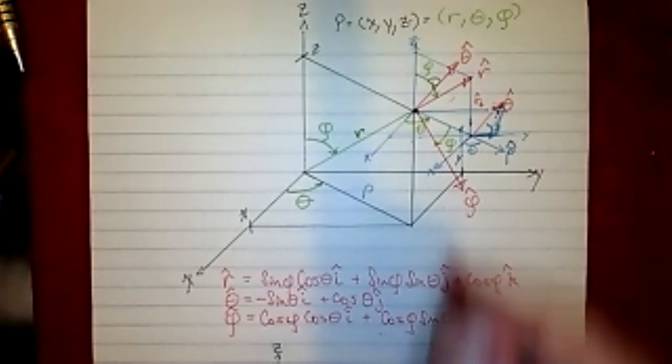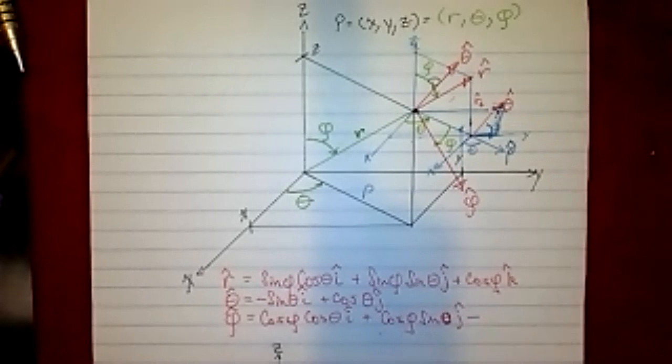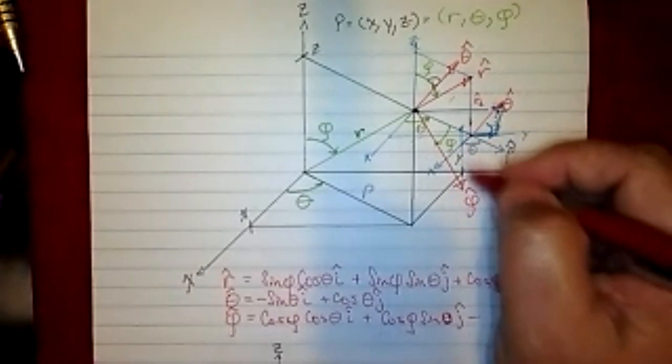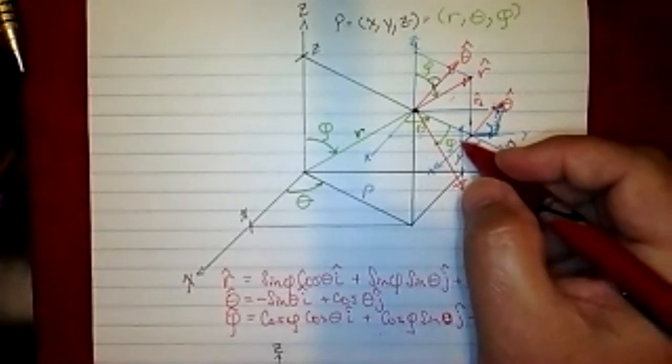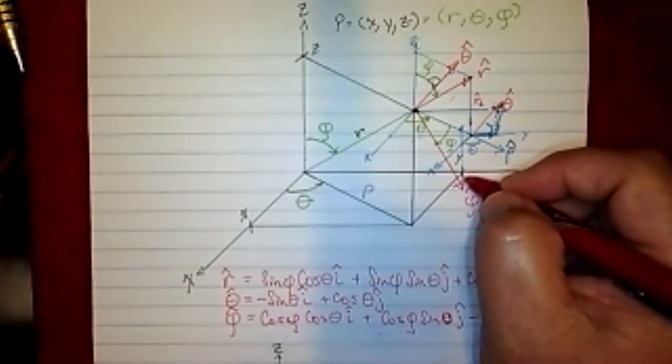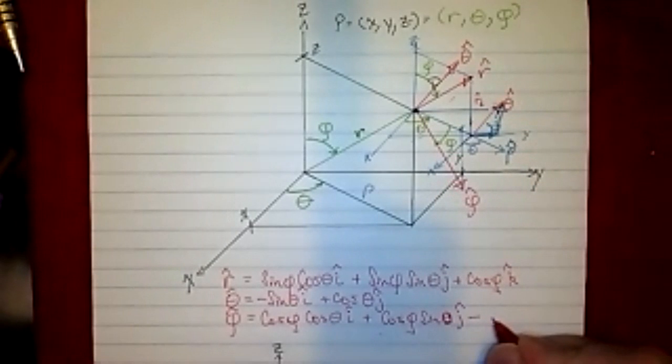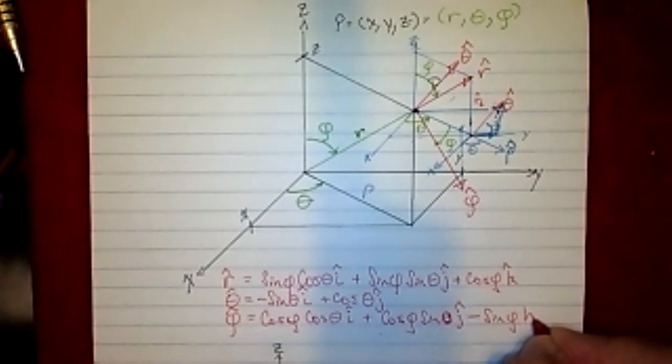But then finally, the z component is negative. So I'll write a negative there. And then I just realized to get that, all I got to do is take the sine of phi. And that will give me this one, because the sine of phi is opposite, which is the z component, over hypotenuse, which is supposed to be 1. So I'm just going to call this sine phi k hat.